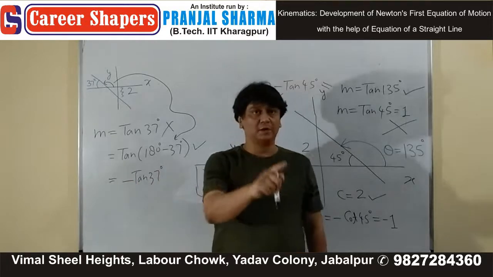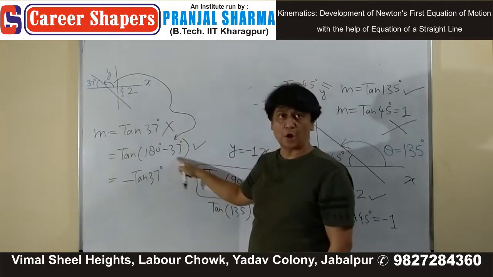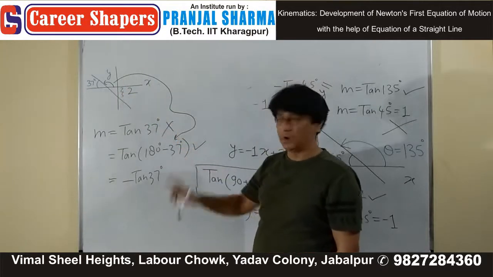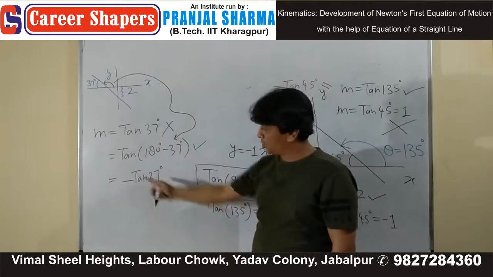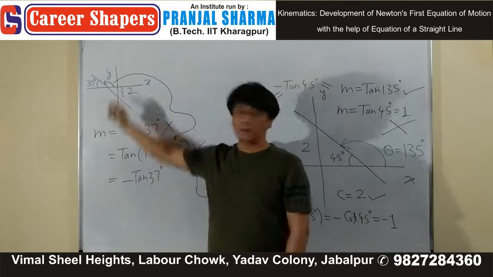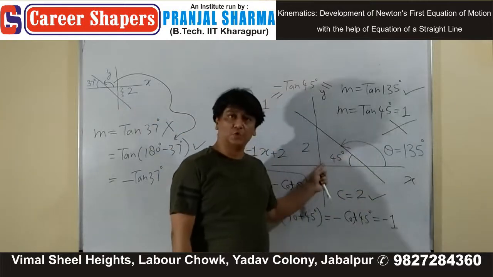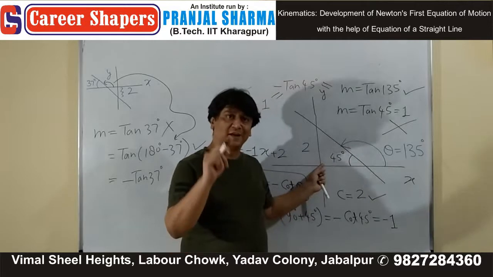So if you need tan of an obtuse angle, this is an obtuse angle, go for the acute one and put a negative sign. Remember this trick. If you need tan of an obtuse angle, go for the acute one and put a negative sign.